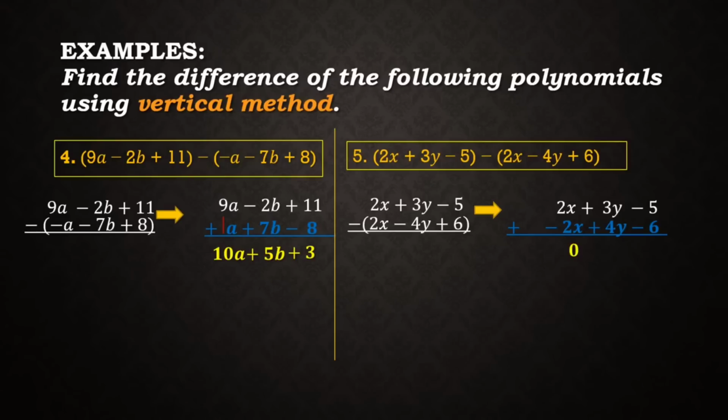And when we add, 2x plus negative 2x is equal to 0, 3y plus 4y is equal to 7y, and negative 5 plus negative 6 is equal to negative 11. Simplifying that, our final answer is 7y minus 11.